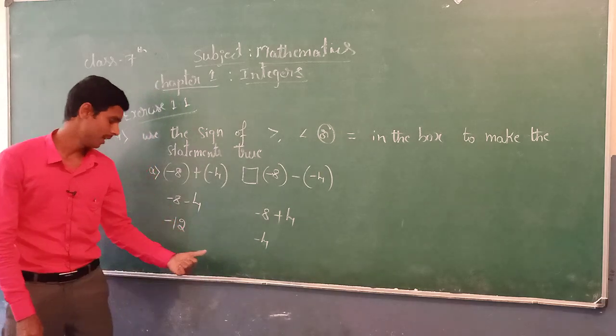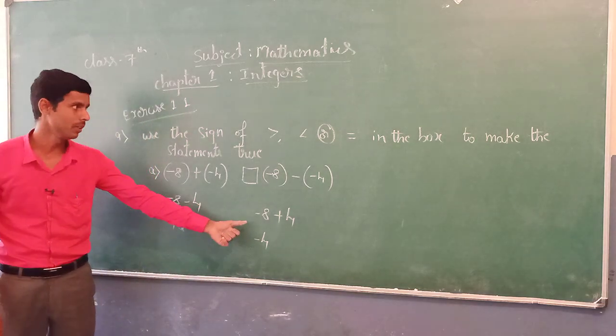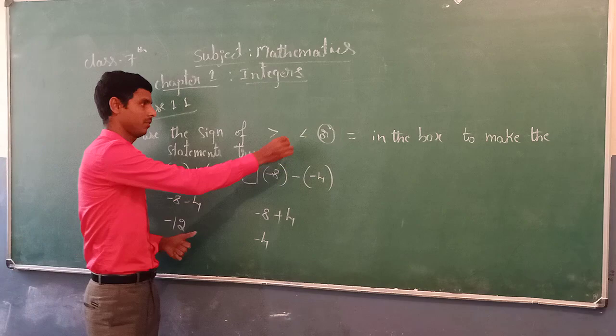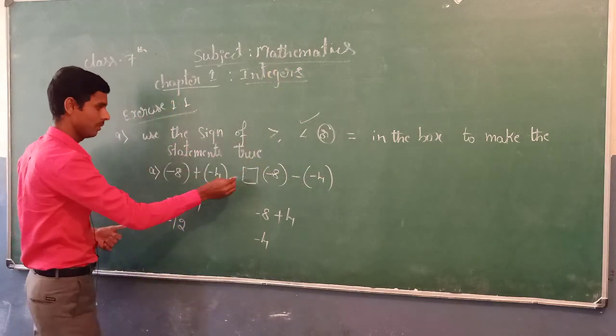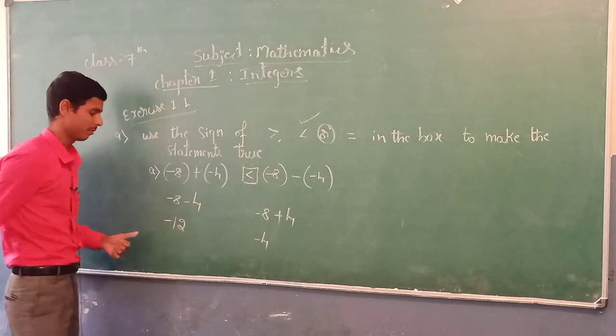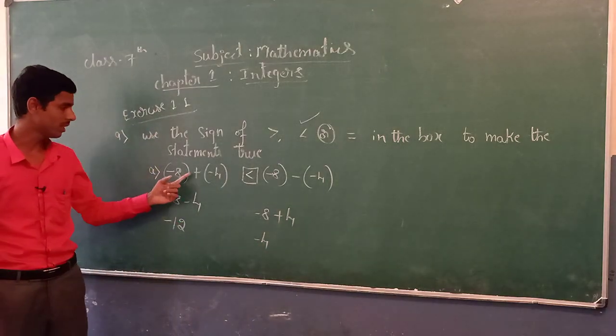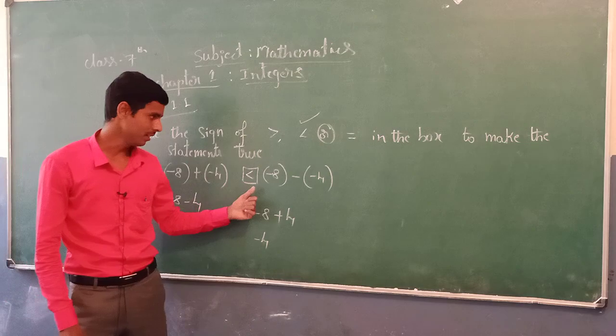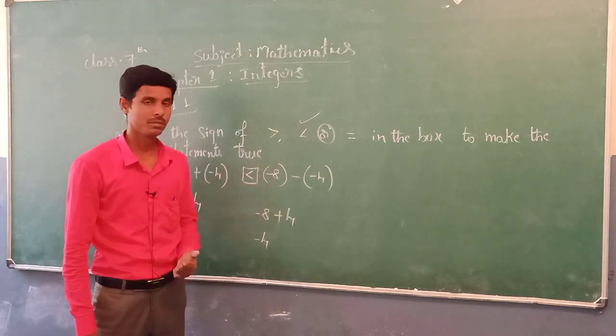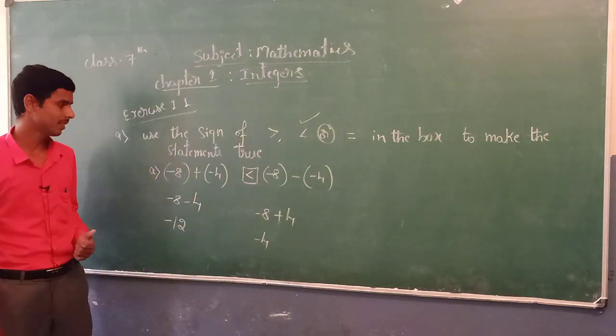We will put the less than symbol. So minus 8 plus of minus 4 is less than minus 8 minus of minus 4. So we will see the second one.